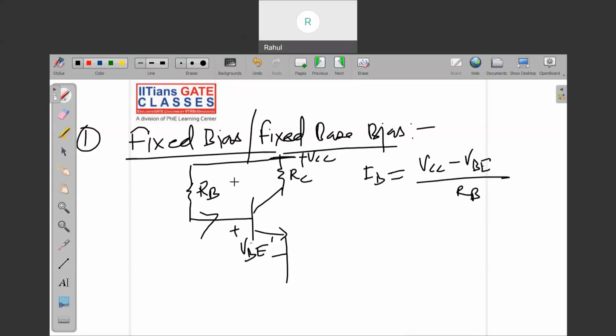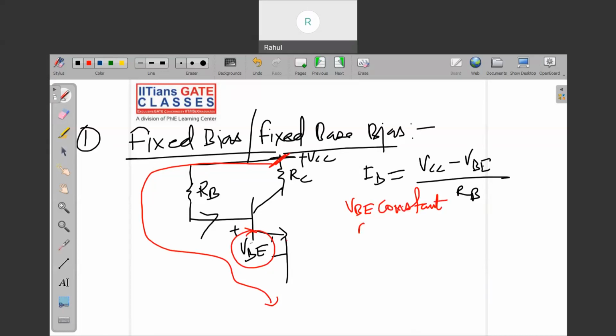You can apply one KVL if you are not able to write it like me, so you don't have to remember. You have to consider VBE is constant and RB is constant, then IB will be constant, right?